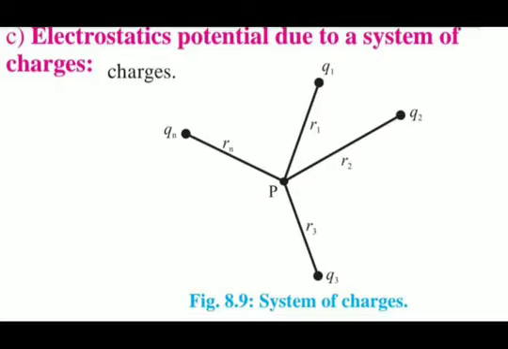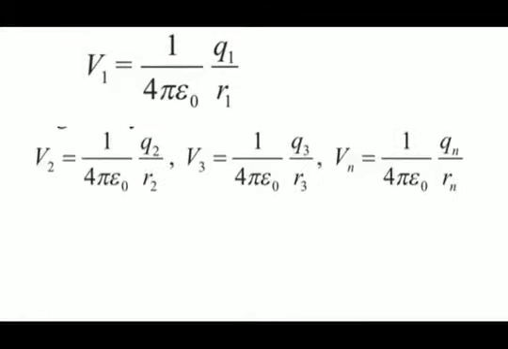This was the basic formula of the potential. So the potential V1 at P due to Q1 will be V1 equals 1 upon 4 pi epsilon naught Q1 upon r1. Similarly for V2, V3, up to Vn: V2 is 1 upon 4 pi epsilon naught Q2 upon r2, V3 is 1 upon 4 pi epsilon naught Q3 upon r3, and Vn is 1 upon 4 pi epsilon naught Qn upon rn.